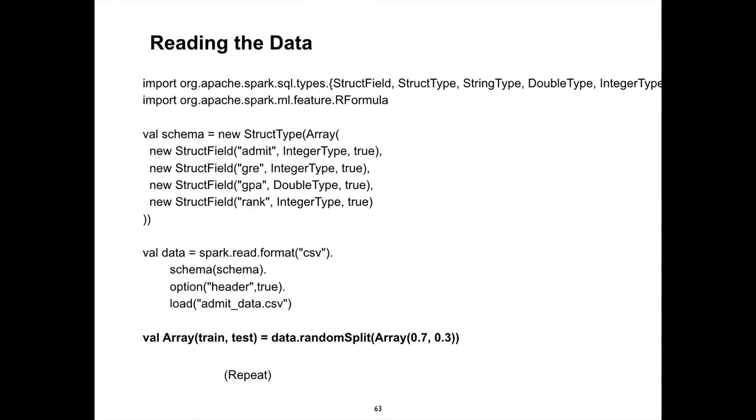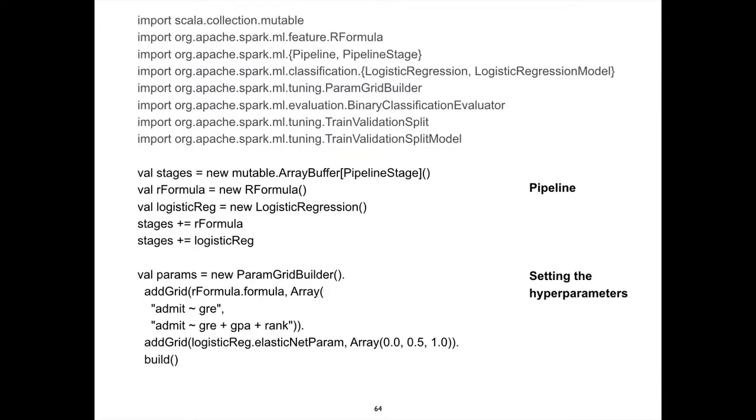So again, we read the data. I can create the pipeline the same way, right? I'm basically saying I want to use our formula, logistic regression, but I'm not specifying any parameters here. I could, but what we'll do is in the grid builder, we can specify the parameters we want to use. So I'm specifying for the R formula, one just uses the GRE score, the other one is GRE score, GPA, and the rank.